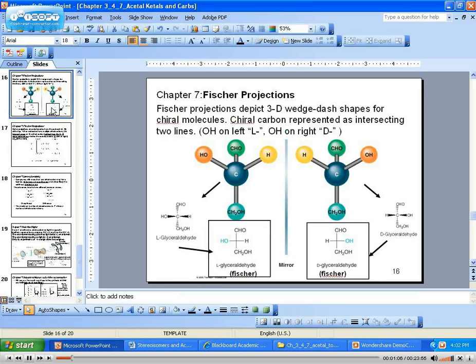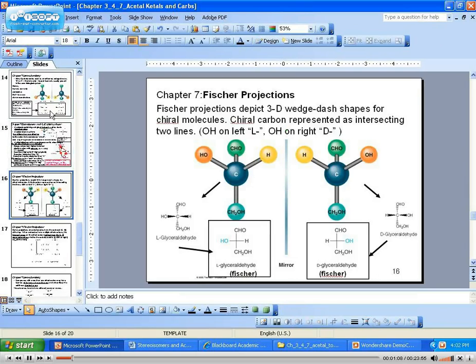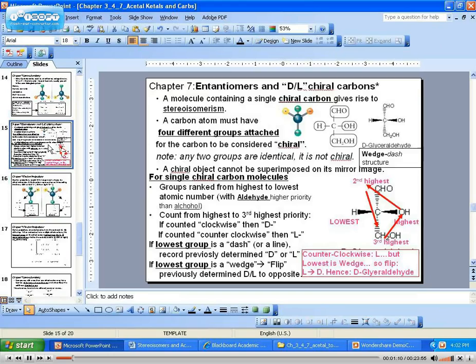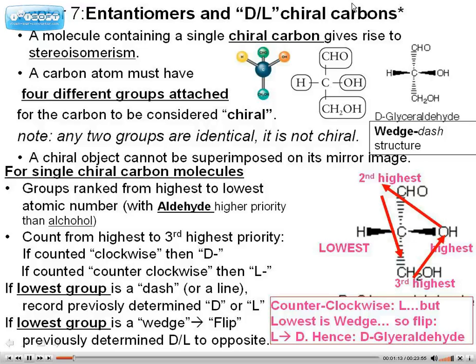So, starting here, we now need to figure out which type of enantiomer we have, if it's an enantiomer to begin with. So we can either have the D chiral form, as they say, or we can have the L chiral form, as they say.